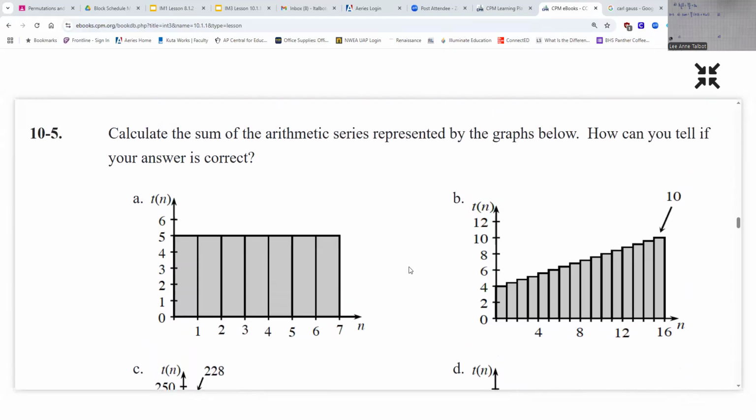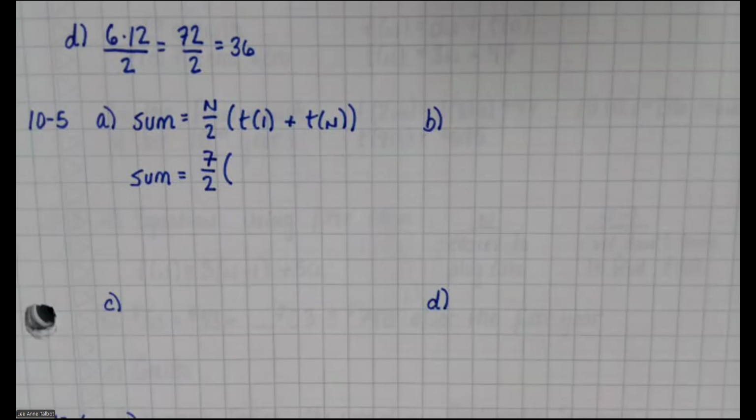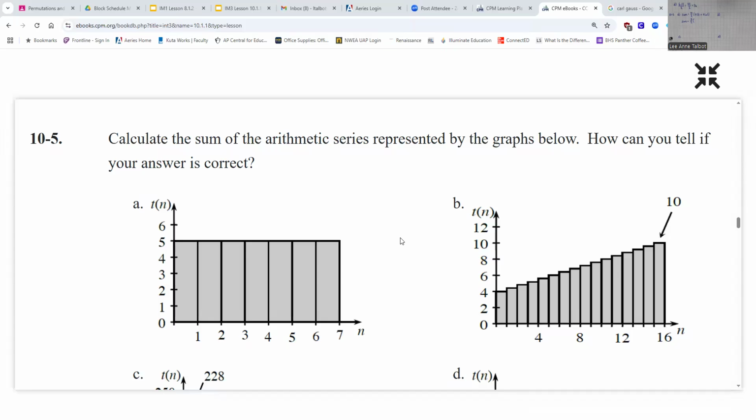Okay, this one right here, number 5A. How many terms are there? 7. Okay, so you guys write 7 over 2. And what I mean by that is this right here. There's the formula, 7 over 2. Now what is the height of the first bar? 5.